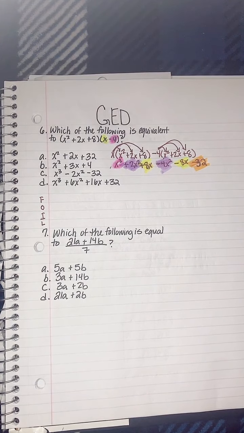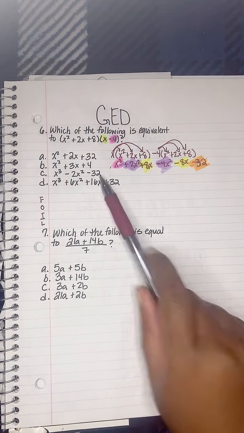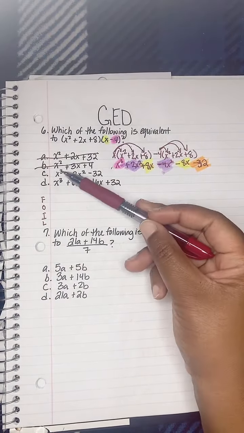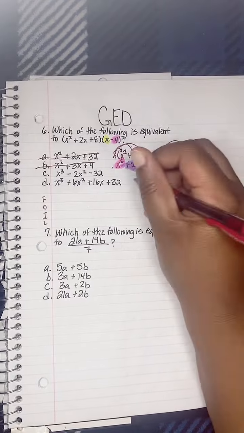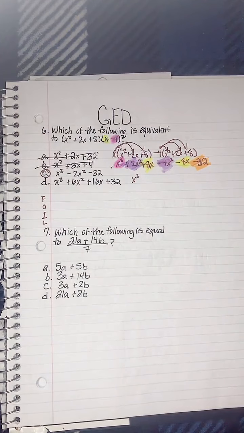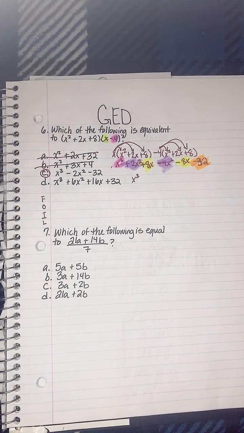All right. So I can get rid of A and B right off the top, right? Because I need an x to the third. Does anybody see the answer? Oh, somebody says C. Good. Wonderful.